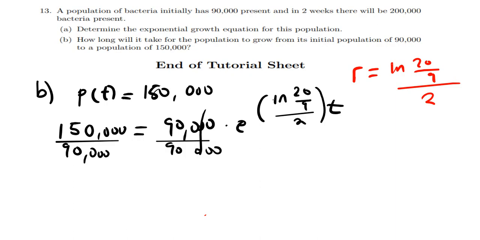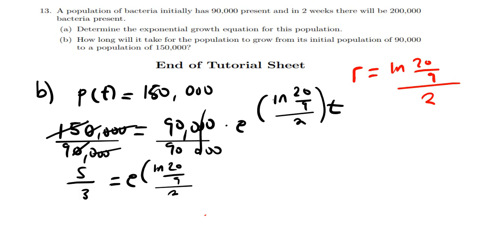When I divide by 90,000 on both sides, let me cancel the zeros. On the other side I've got 15 divided by 9. 3 into 15 goes 5 times, 3 into 9 is 3, so 5 over 3 is equal to e to the power natural log of 20 over 9 divided by 2, then there is a t there. Now that we've got that, I can take the natural log on both sides like we did in the previous one. If I put natural log here and natural log there, this one just gives me a 1.